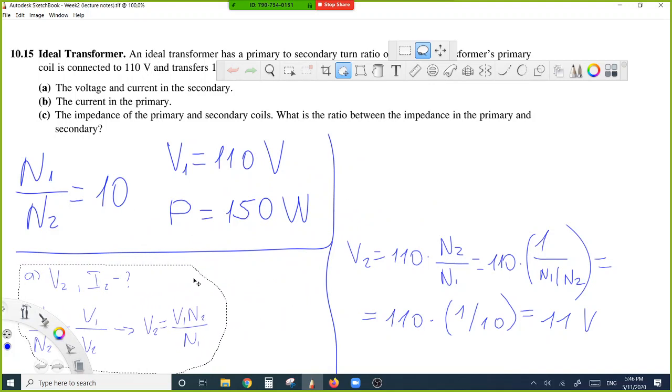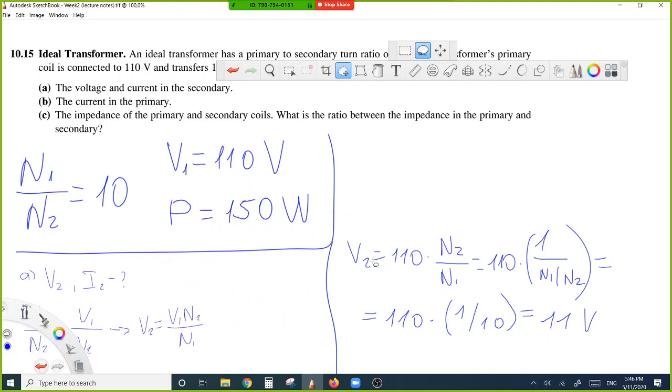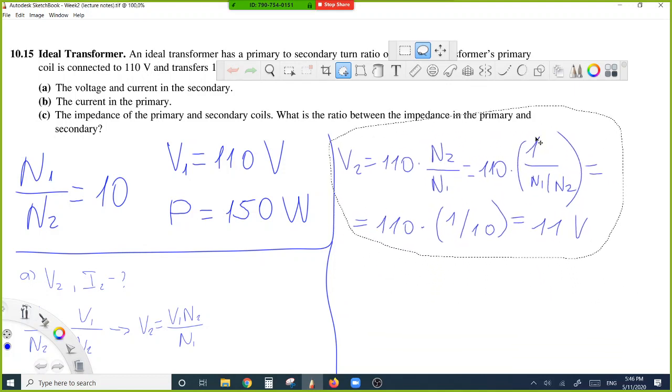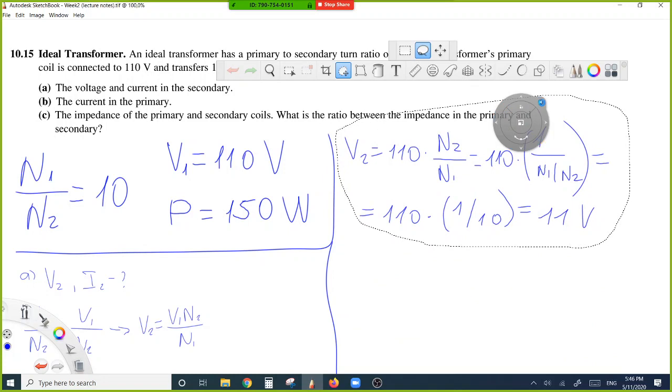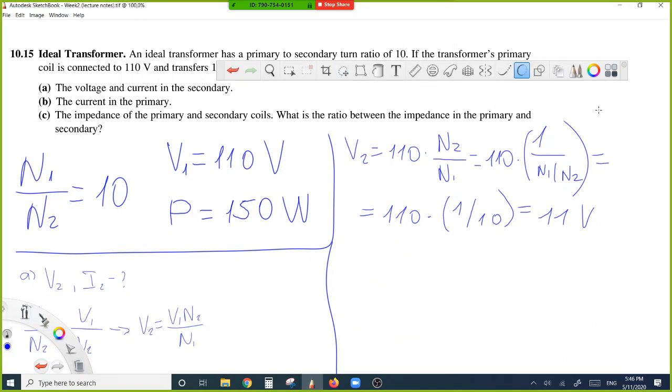Okay, I will move it here. This one I will move a bit higher. So, okay. We need to find current in the secondary circuit.